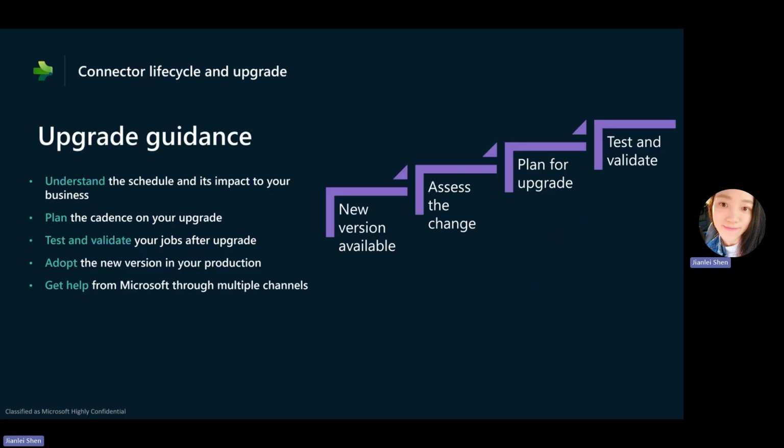We always recommend that customers adopt the latest version rather than an earlier version, because the latest version will always include the latest optimizations, either from the functionality perspective or the security perspective. So as long as we have the latest version, we will always recommend the customers to try it out and give us the feedback.